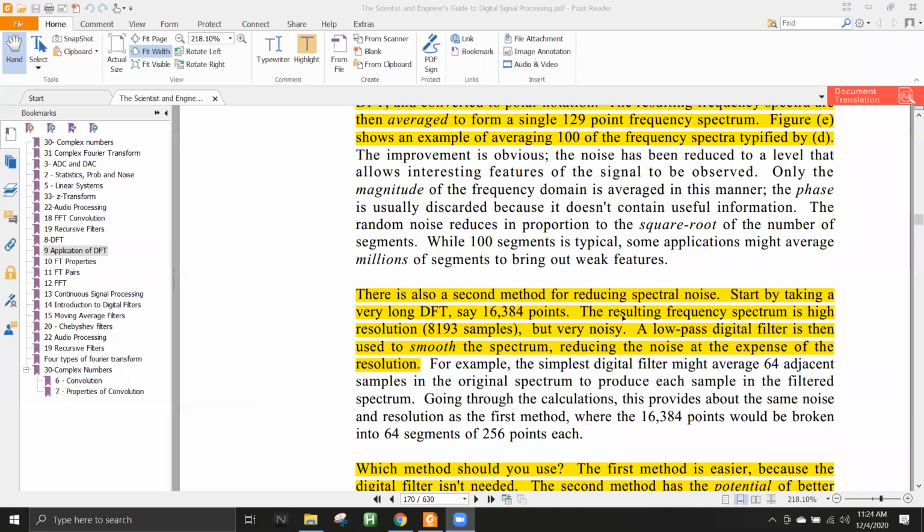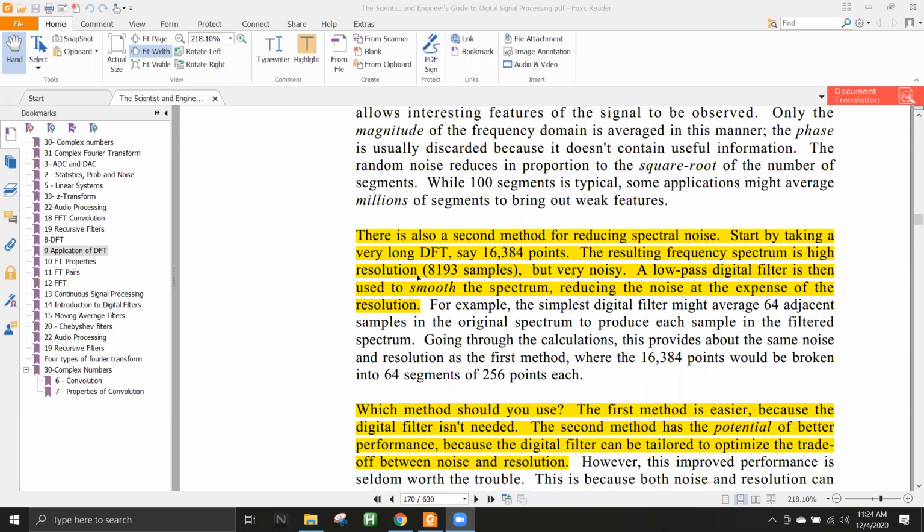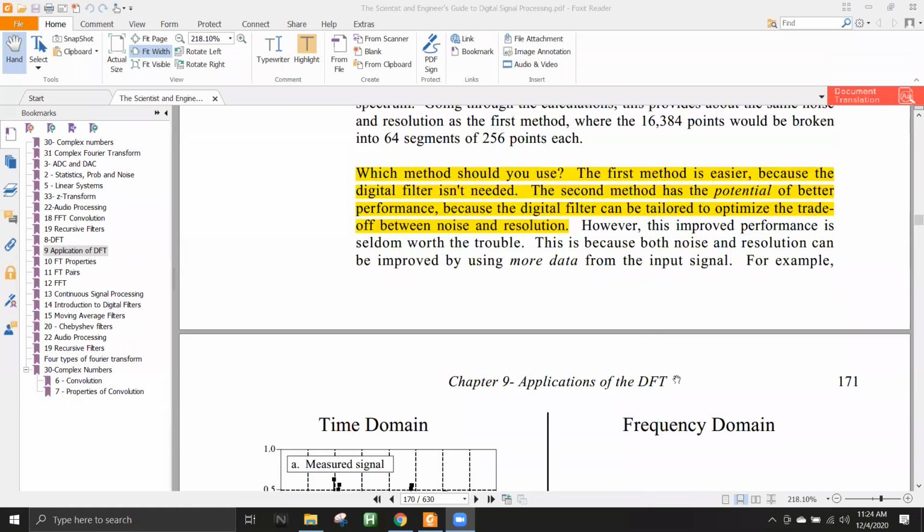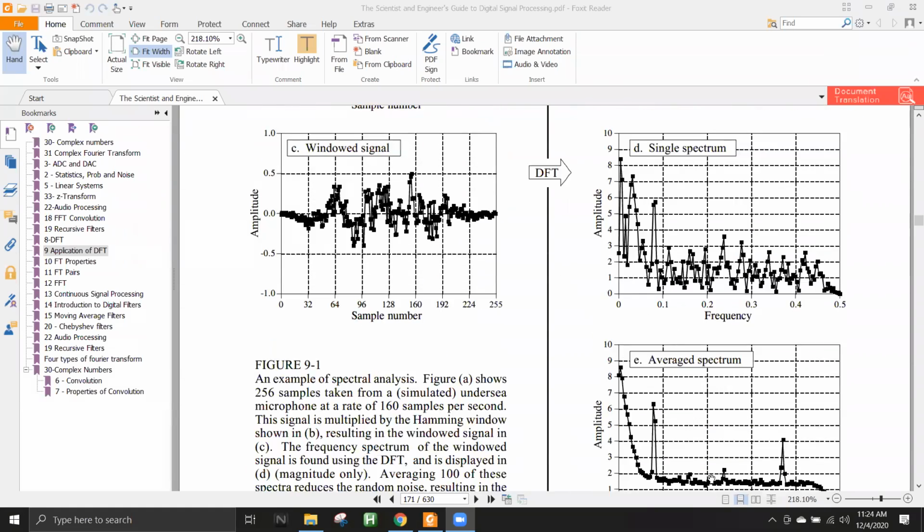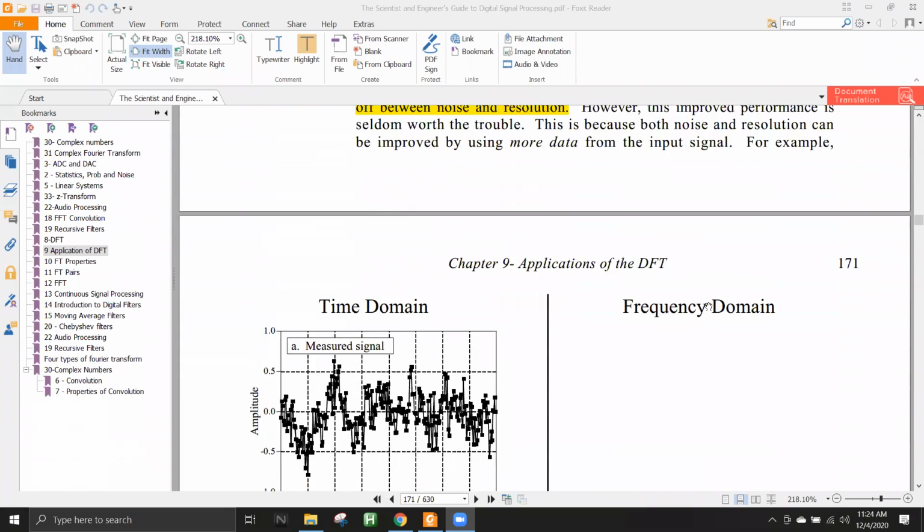The corresponding frequency spectrum would also be high resolution, with more samples than the actual number. The actual number of samples is 256, but the number of frequencies that we're allowing is this much. Like I said, if you have a lot of frequencies, you'll have a lot of gaps in the middle, so it will be easier to distinguish between the peaks.